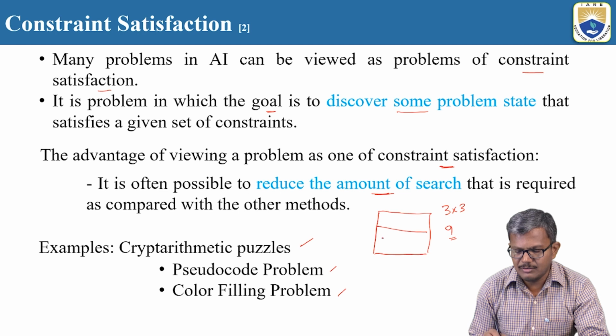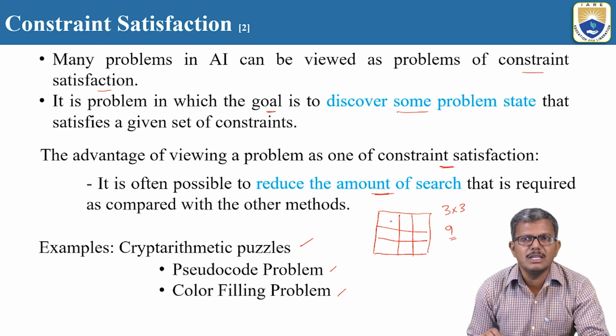For example, if it is one of the portions in the Sudoku problem, generally what we have to do in this game is arrange the numbers from 1 to 9. For example, if I keep 1 here, then what is the next number I should keep here?